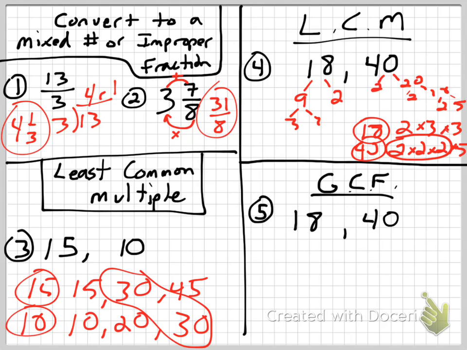Which one has the most 3s? 18. Which one has the most 5s? Multiply everything. 2 times 2 times 2 is 8. 8 times 3 is 24. 24 times 3 is 72. 72 times 5, this is the only hard part, right? 10 is 360. The answer is 360.